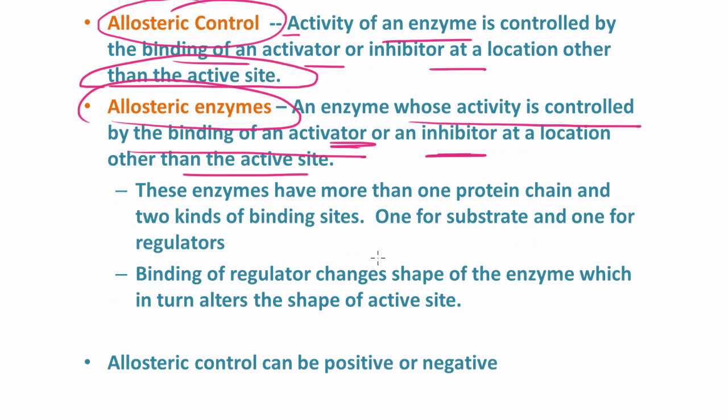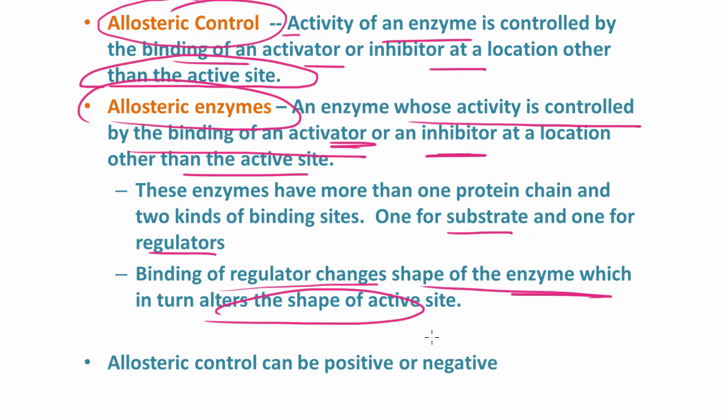So these types of enzymes have more than one protein chain and two types of binding sites. One of the binding sites, of course, is for the substrate, and one is for the regulator. The binding of the regulator changes the shape of the enzyme, and this in turn alters the shape of the active site. It either makes the active site available or unavailable for the reaction.